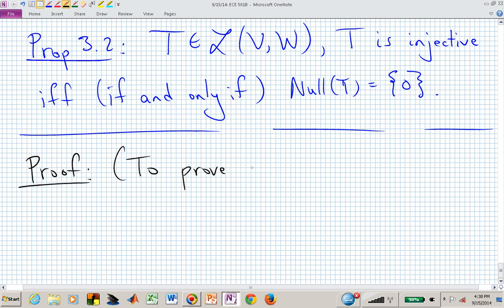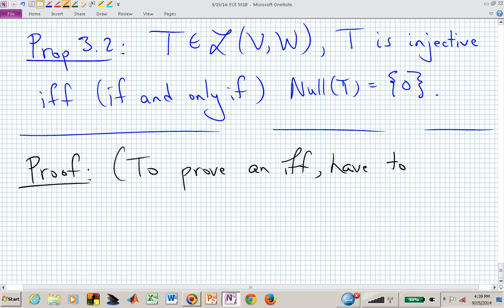To prove an IFF, and I think IFF was around before BFFs were, just if you were curious, one implies the other, and the other implies the first.